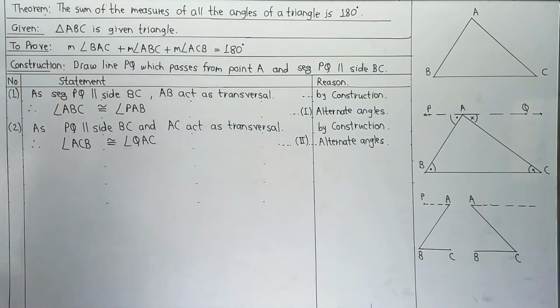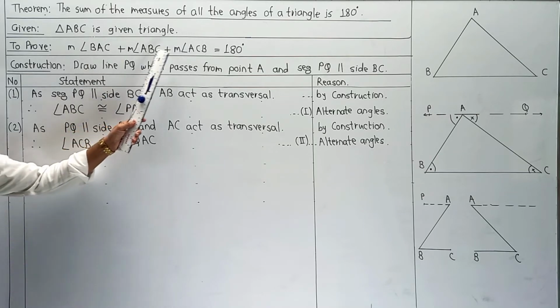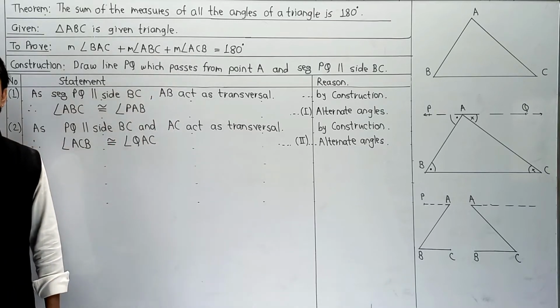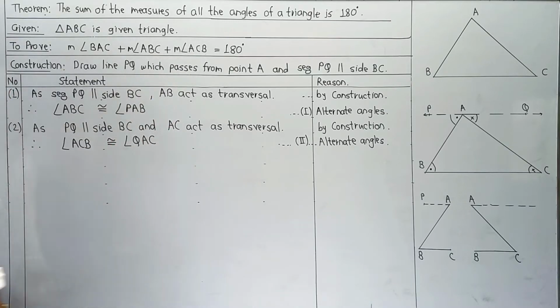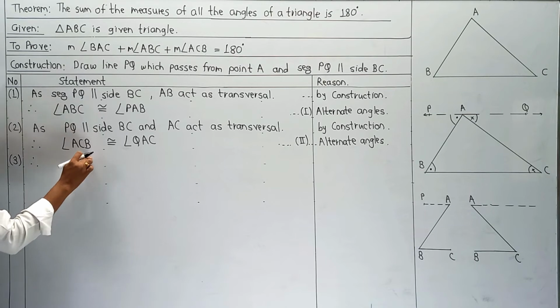Now in third, I am going to add all the 3 angles of the triangle, as per the given condition: angle A, angle B and angle C. Here I am taking the reference of equation 1 and equation 2. How? Pay attention.